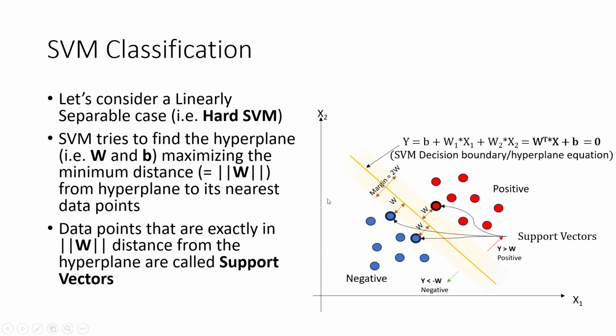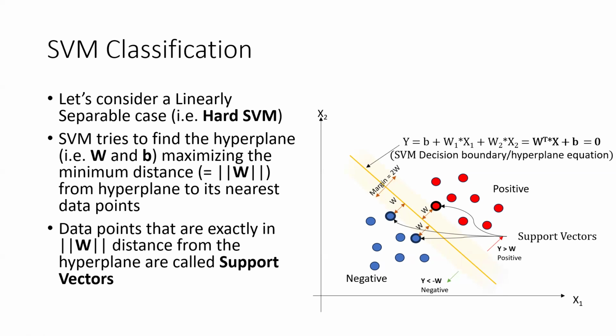So the idea of finding this decision boundary is that we want to find the decision boundary where the distance between this decision boundary and these close data points is maximized, right?